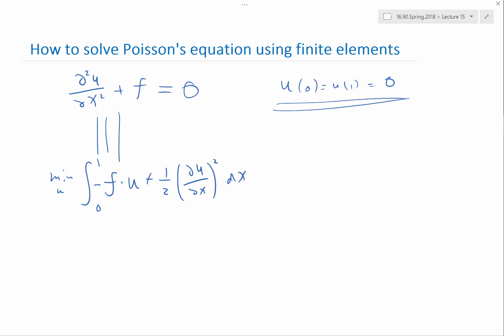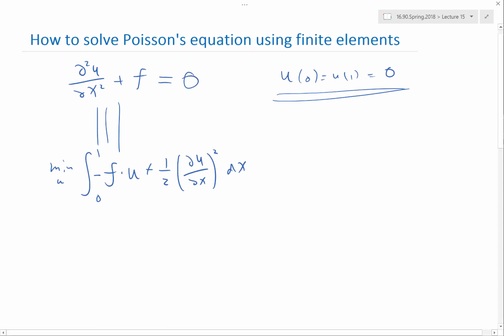And if you want to use finite elements, you need to be able to derive from the equation, I mean, if you know the equation, derive from the equation to an energy minimization form, or the intermediate, which is the weak form. All right. So now you minimize this, and again decompose that into a summation, and goes from 1 to n, integration x_{n-1} to x_n.